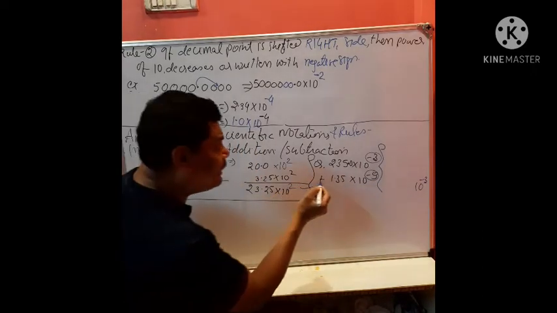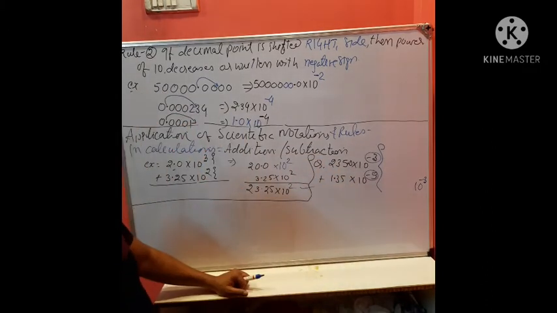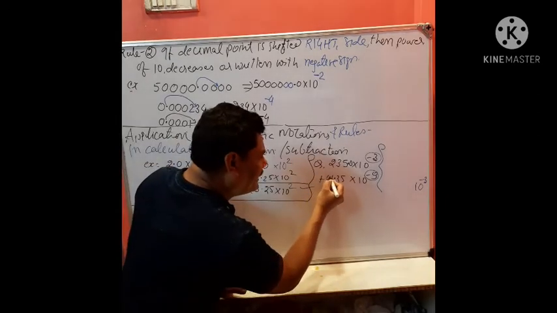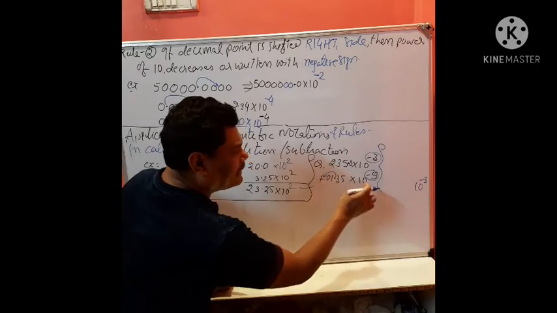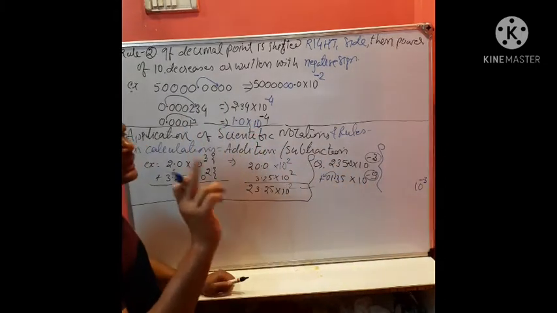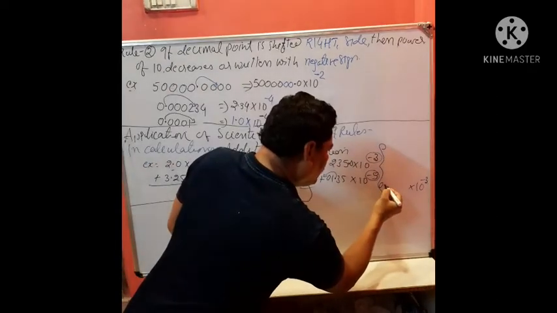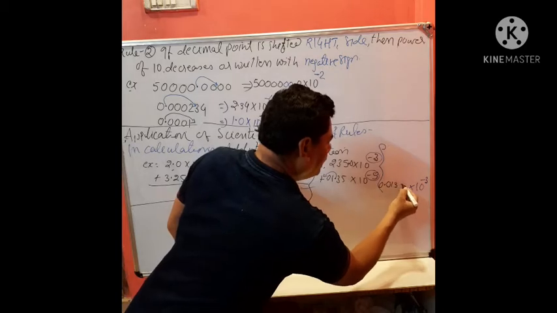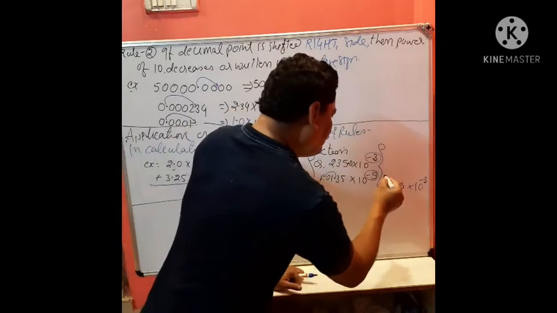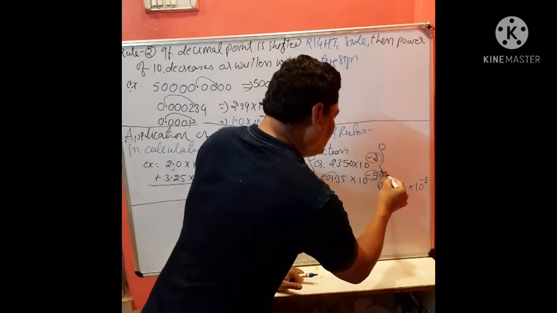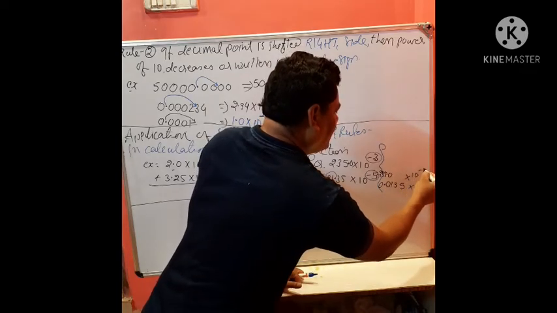So I have to shift this decimal place right side. Now in the right side, this decimal is to be shifted by 2 places, because minus 5 and minus 3 differ by 2 places. So the number will become 0.0135 into 10 to the power minus 3, and this number will remain the same, 235.0 into 10 to the power minus 3.